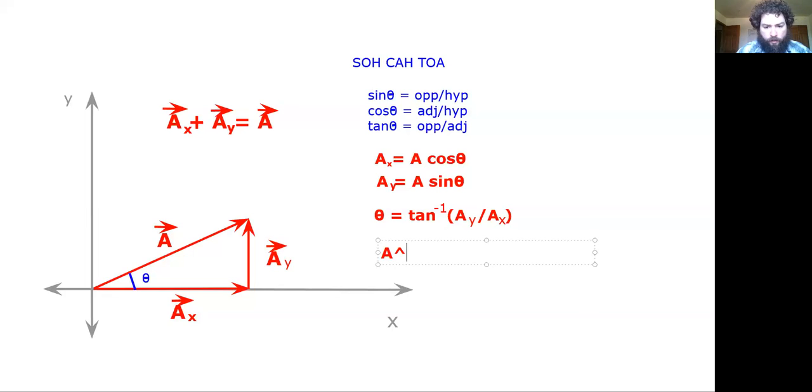A squared will be AX squared plus AY squared. There's actually a typo in your book, so that's why I'm doing this, to make sure I have it right.